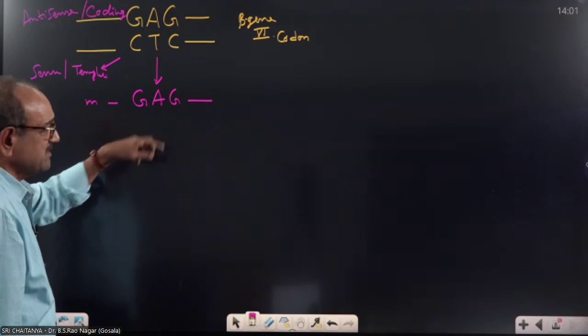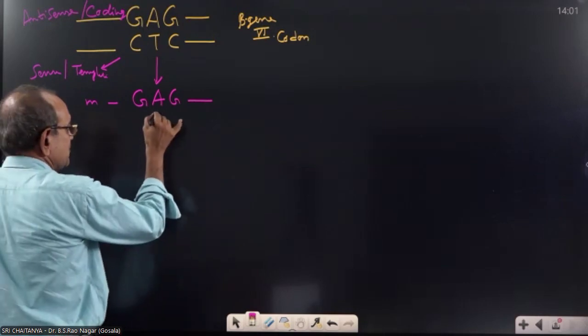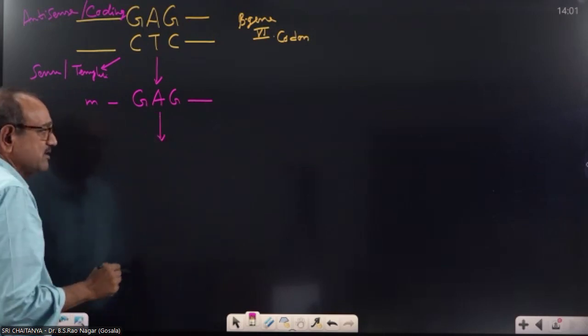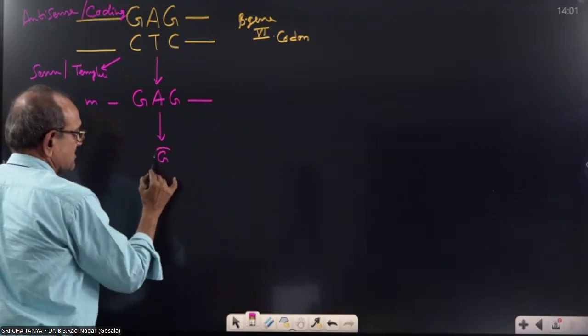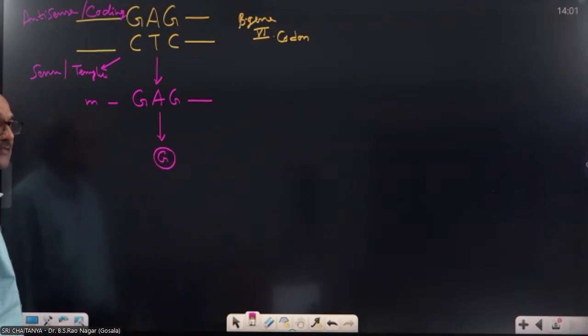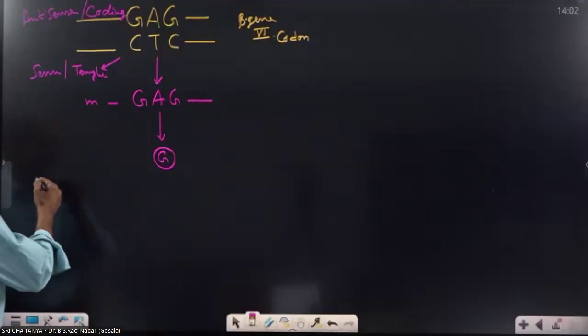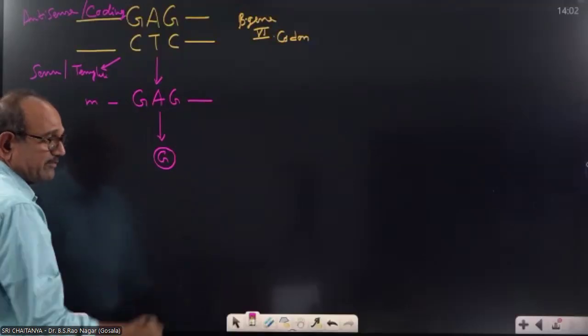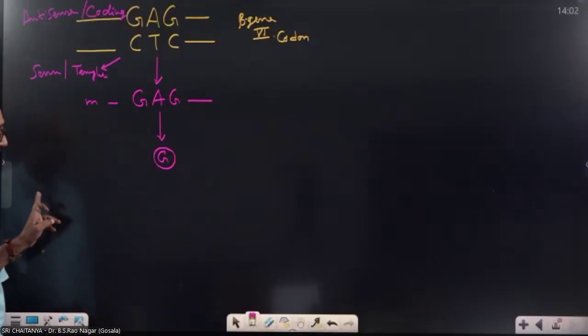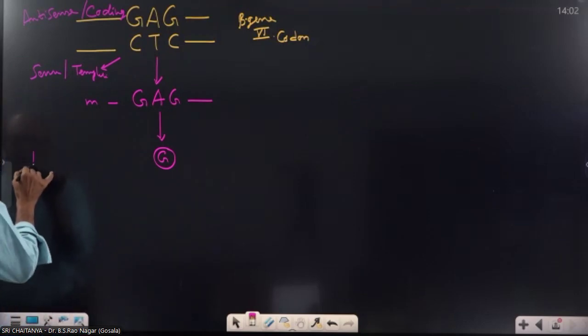If GAG is the triplet on mRNA at the 6th position, it codes for glutamic acid at the 6th position. And do remember, at least you have to remember 6 or 7 amino acids of the beta chain.